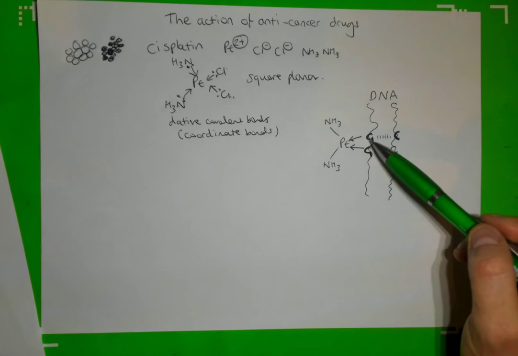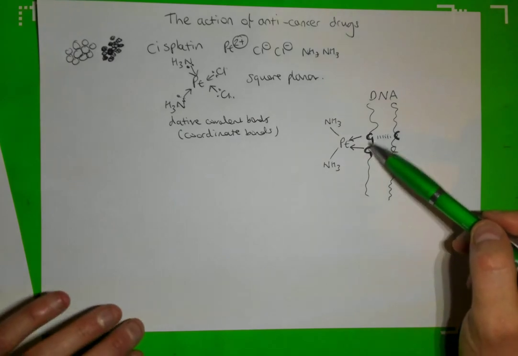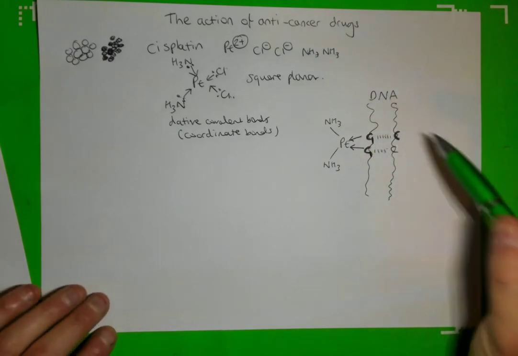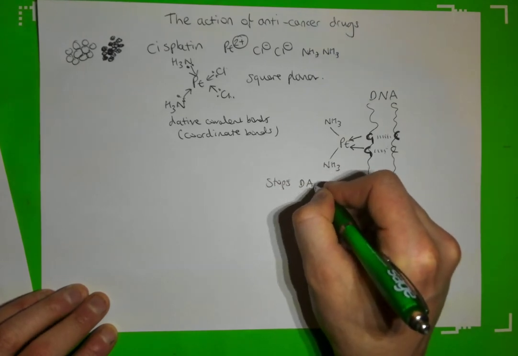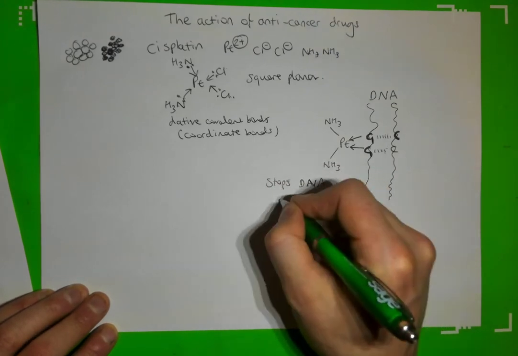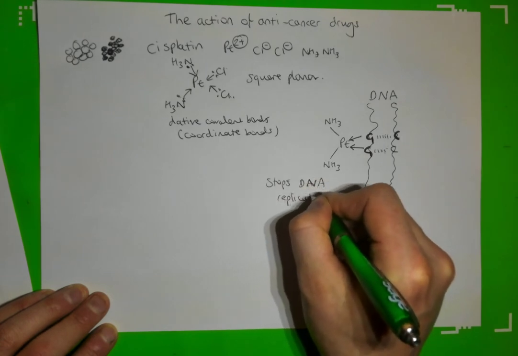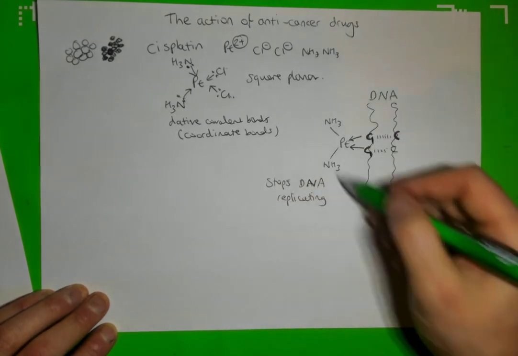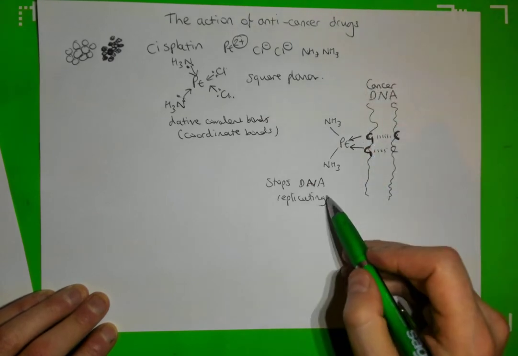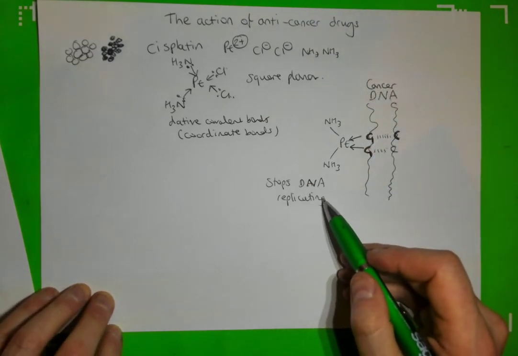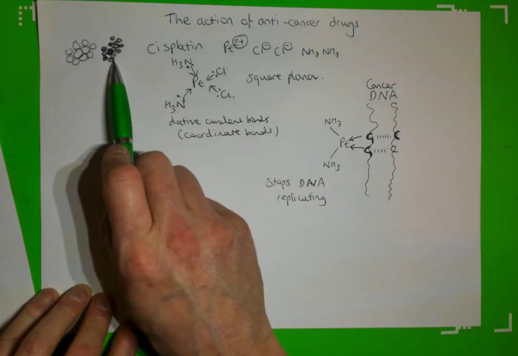And what that does is it stops the DNA from replicating. So we've got DNA, cancerous DNA, and it stops it from replicating, which is great because it means that the cells themselves can't replicate as quickly.